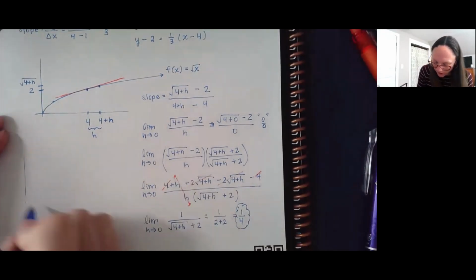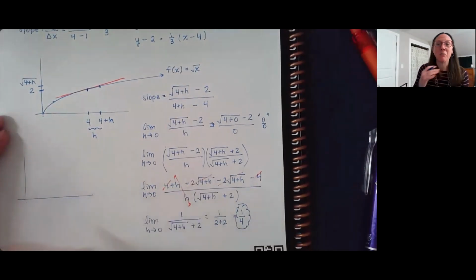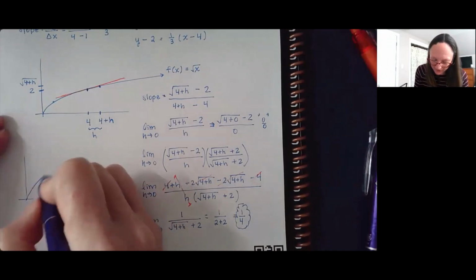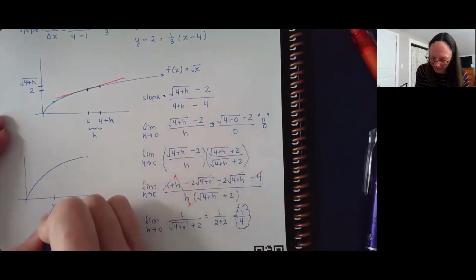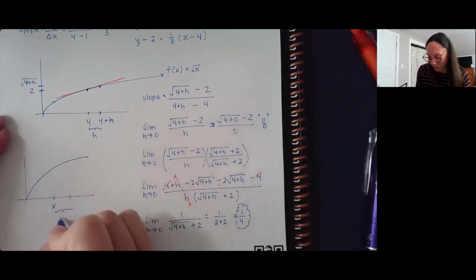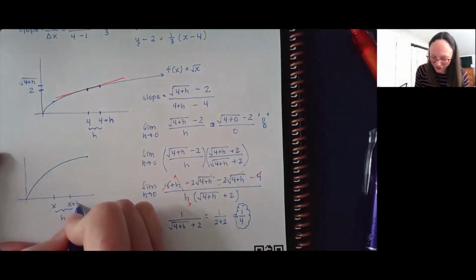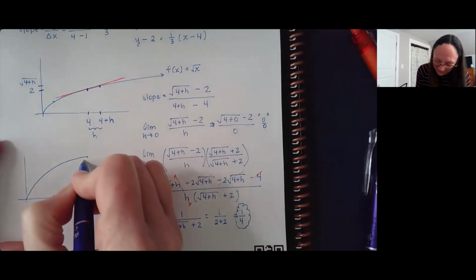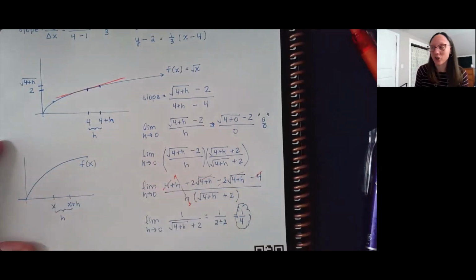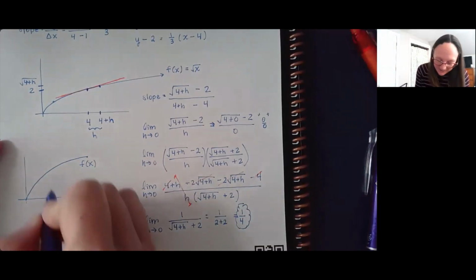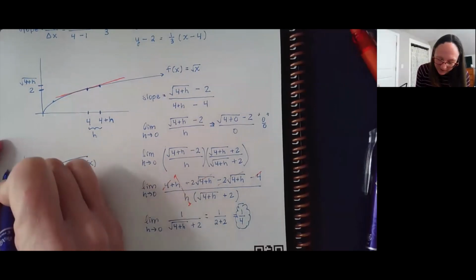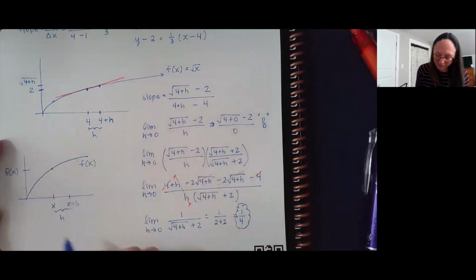And if I redraw my picture to give it an even more generic spin, if I just called this point x, and then I moved over just a hair to be at x plus h, and I just called this our function f of x to get the y value at this point, that would be f of x.